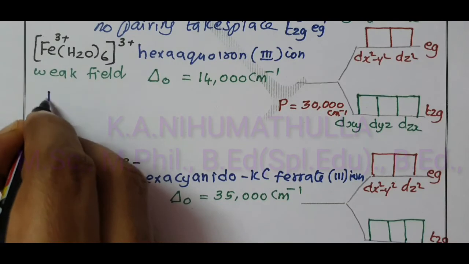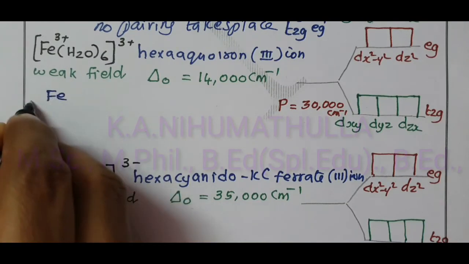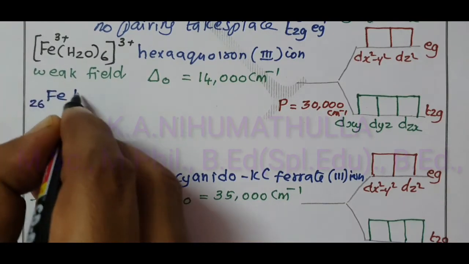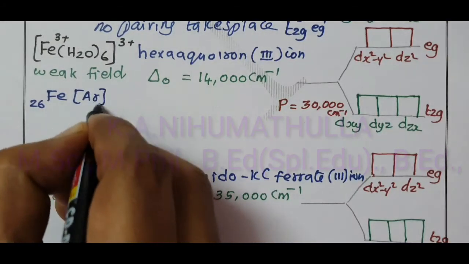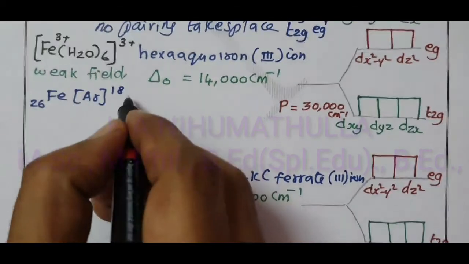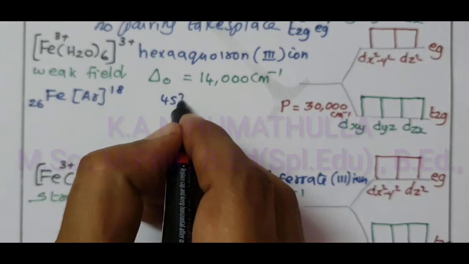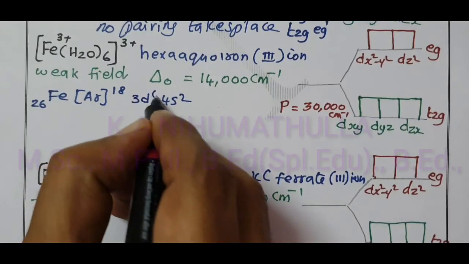Therefore, Fe, atomic number 26, with the electronic configuration argon 18, 3d6, 4s2.